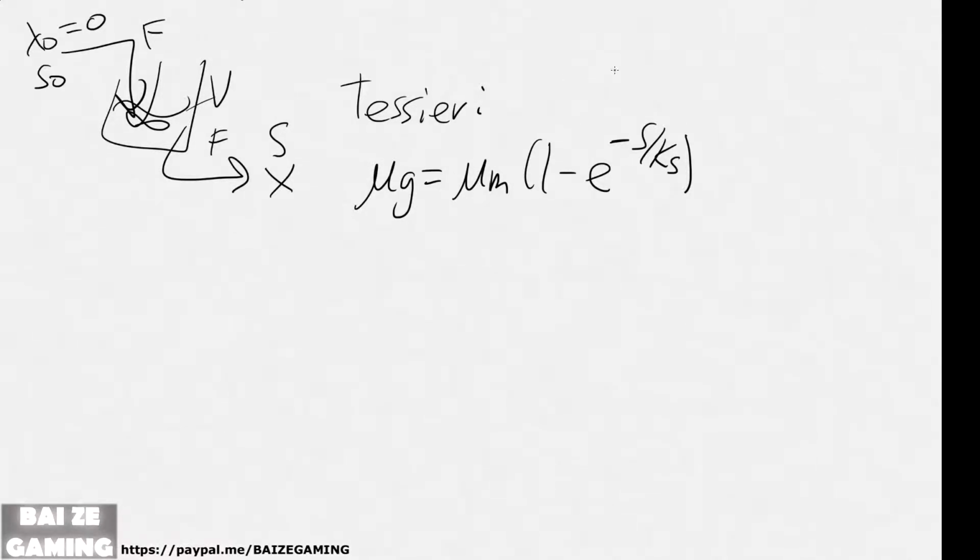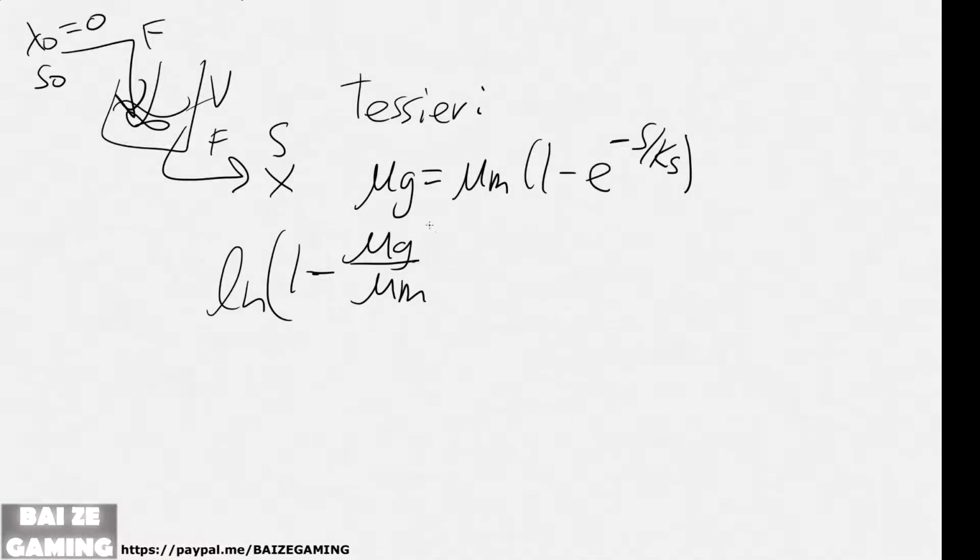So what we want to do is isolate for it in terms of s. It's not difficult to do. Divide by that, see, 1 minus, so you can get rid of that negative there. Take the ln of it. ln is the natural log, like log base e. Ks is s. Okay, there we go.